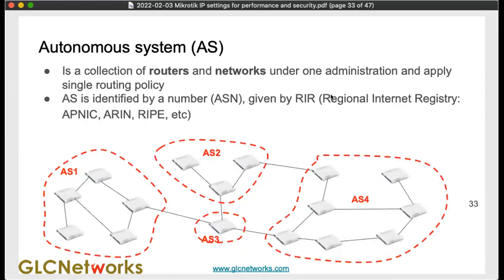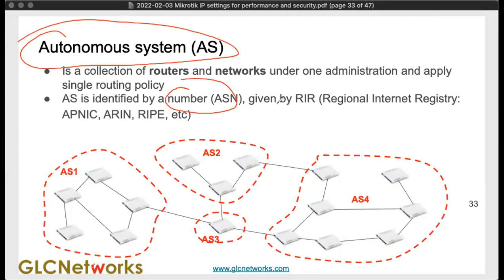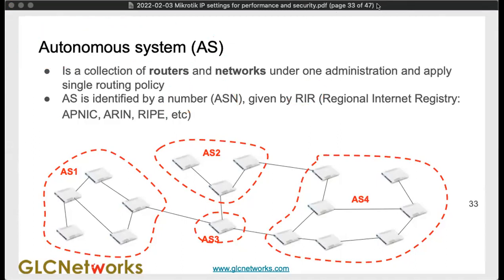Because the internet is a collection of networks, every network has its own identifier, like the AS here. An AS is identified by an AS number, given by the RIR, like APNIC, ARIN, RIPE, etc. So this is how you connect to the internet.